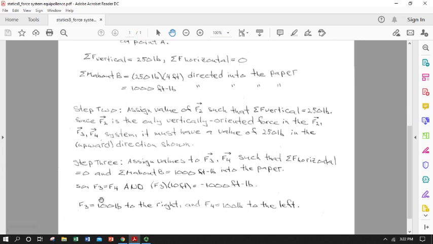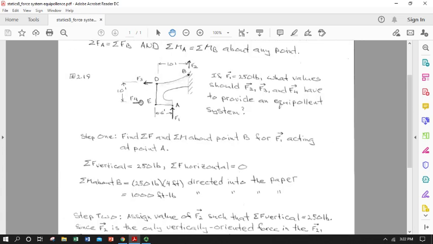So a way to say that mathematically is F3 equals F4, and F3 and F4 are the only forces in our new system that can create a moment about point B. F2, the line of F2 passes straight through B, so it doesn't contribute to the moment in the new system at all. So our 1,000 foot-pounds into the paper has to come from F3 and F4.